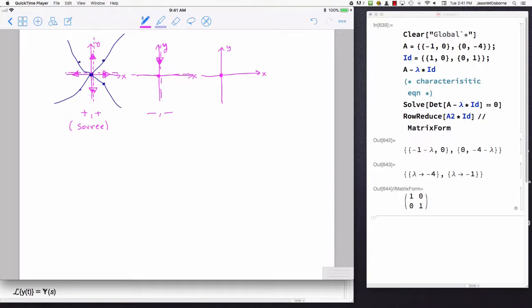The eigenvalues being negative means that solutions will tend to 0 along these straight line solutions, and therefore for any other initial condition, the linearity principle says that you have a superposition of solutions, and what that looks like in a picture is adding the two solutions together along the straight lines. You'll have solutions that are tending in to the equilibrium, and this is the case that's called a sink.